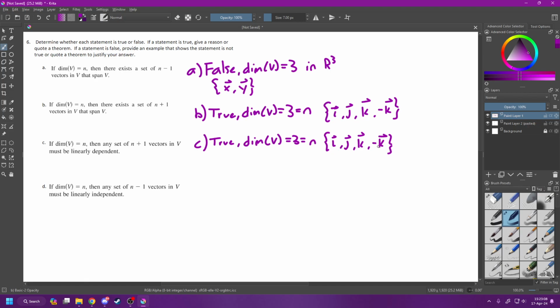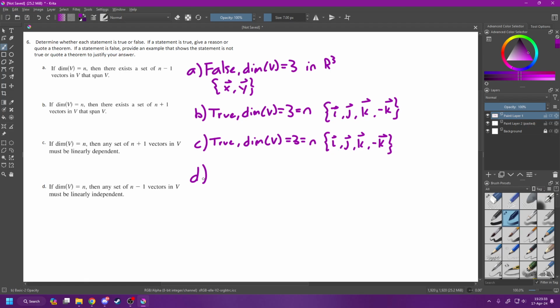You see this set of n plus 1 vectors, 4 vectors in this case, that is linearly dependent, and it must stay linearly dependent in order to stay the proper dimension, because if they were not linearly dependent, then the dimension of V would have to be different in order to not break the rules. So overall, the statement is true.